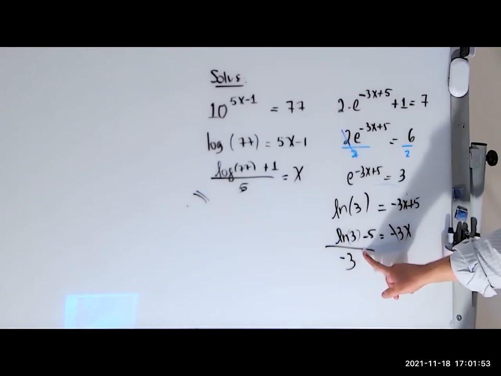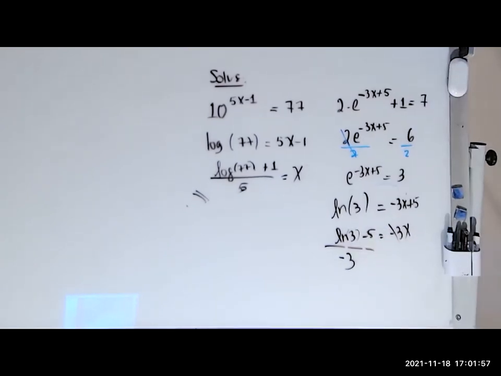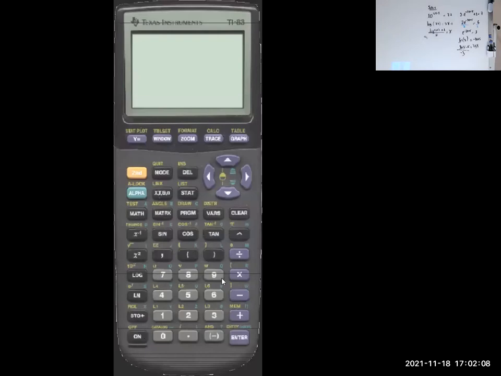Well, let me show this one since I have not used ln yet in class as of now. So let's see. Let's go ahead and share the calculator. Okay, so let me turn this thing on. Let me clear. So ln is right here. So ln of 3. I'm just going to close the parentheses.